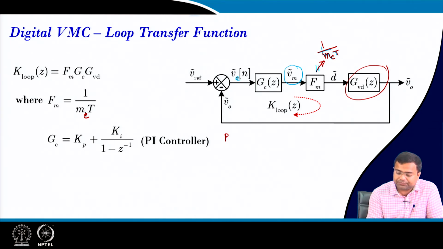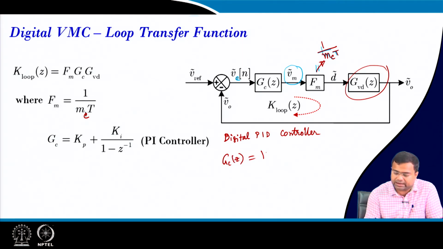So, if you take a digital PID controller, then we will get Gc of Z equal to Kp plus Ki by 1 minus Z inverse plus Kd times 1 minus Z inverse.